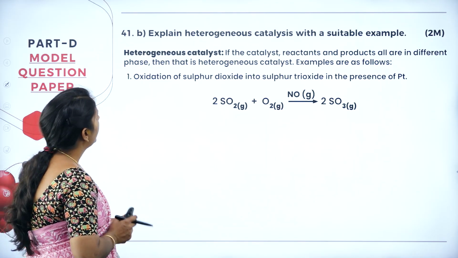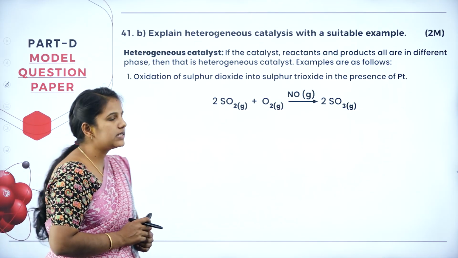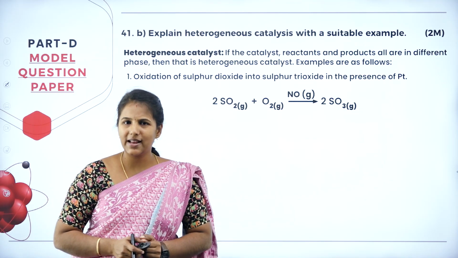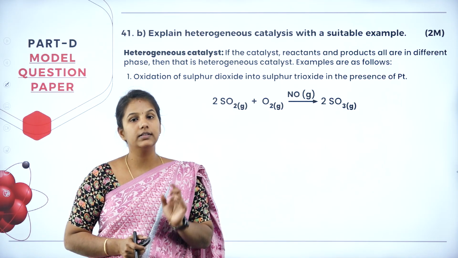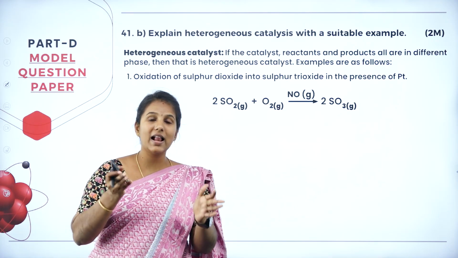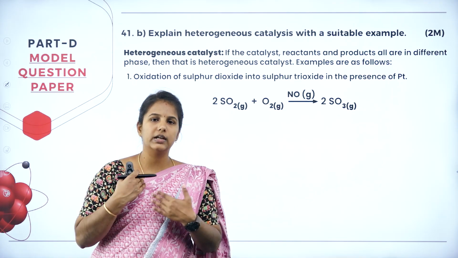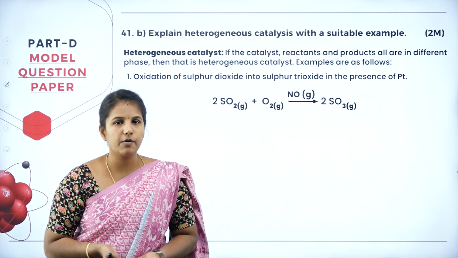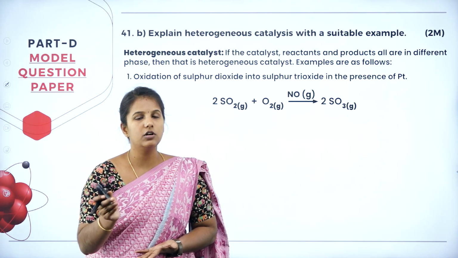Next question, explain heterogeneous catalysis, give a suitable example. Heterogeneous catalysis means the reactant, product and the catalyst used for carrying out the reaction are in different phases. Those types of reactions are said to be what?